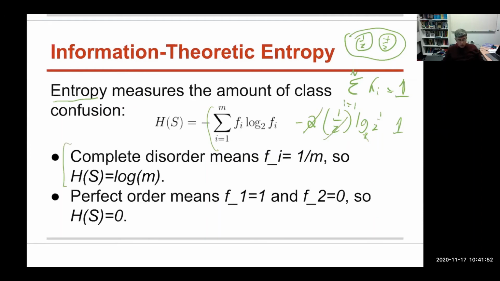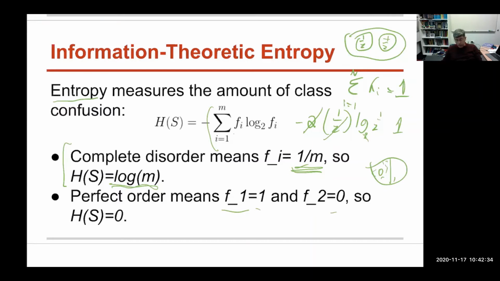In complete disorder, meaning that all the classes are equally likely to occur, the entropy turns out to be log of the number of classes. If you have perfect order, what happens? Perfect order would be a world where all the elements were of the same label. If that's true, the fraction of one of these classes is going to be 1, the other fraction is 0.